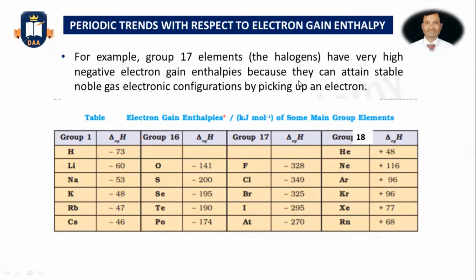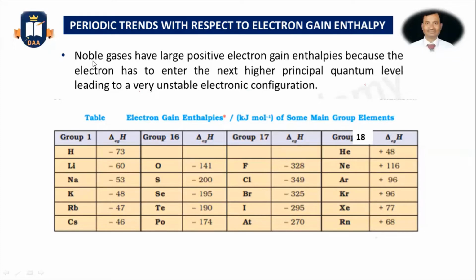It is written there that they can attain stable noble gas electronic configuration by picking up an electron. Now I'll discuss noble gases in detail. Noble gases have large positive electron gain enthalpies because the noble gas atom, by electronic configuration, we know is a very stable form.